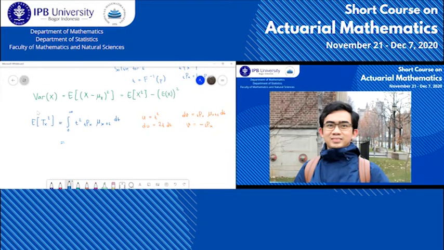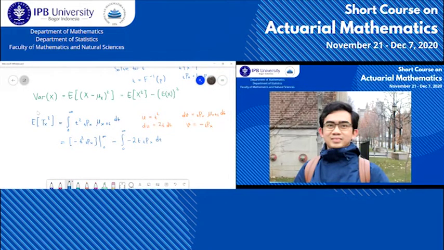So then uv is equal to negative t squared times tPx, and we evaluate this expression from 0 to infinity, minus the integral from 0 to infinity of v du, so then we have negative 2t tPx dt.